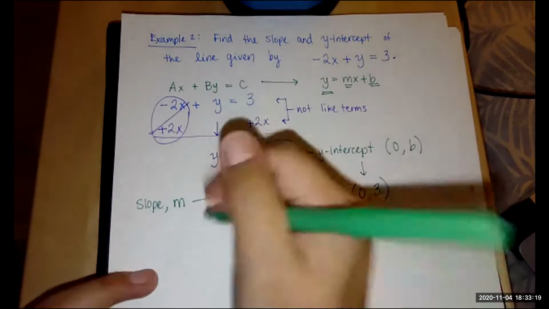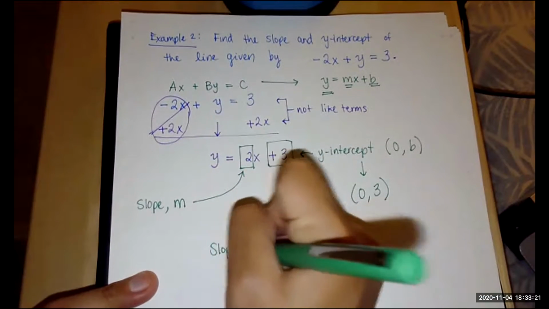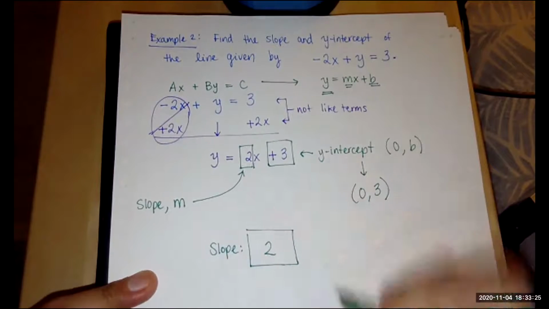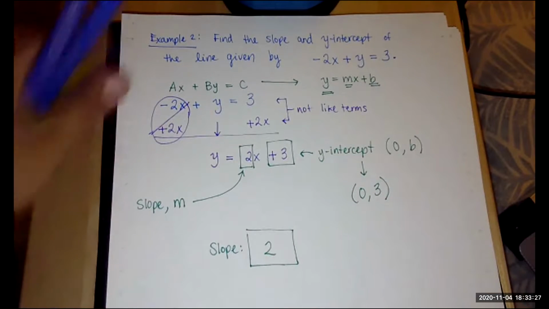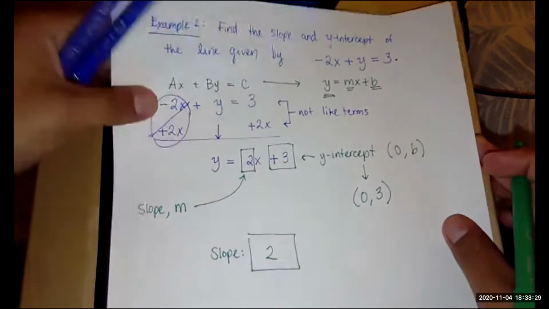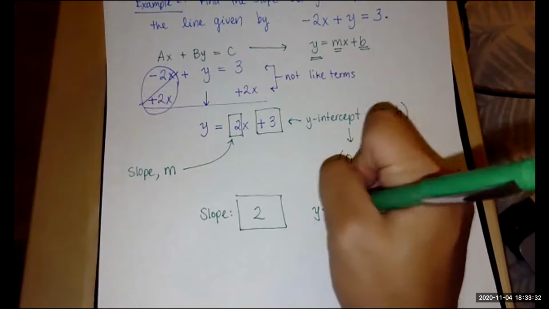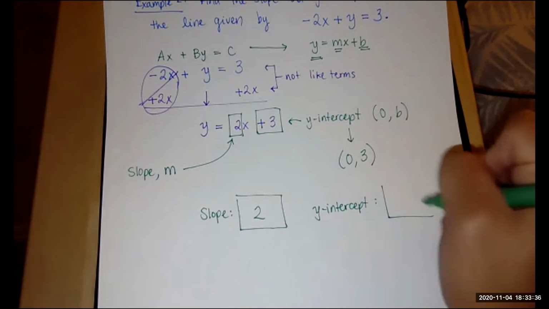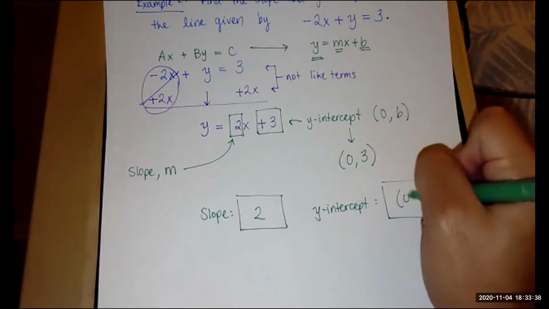So what I can say is that, Hawks will say, what is the slope of this equation? Or the slope of the line is 2. And the y-intercept is the ordered pair 0 comma 3.